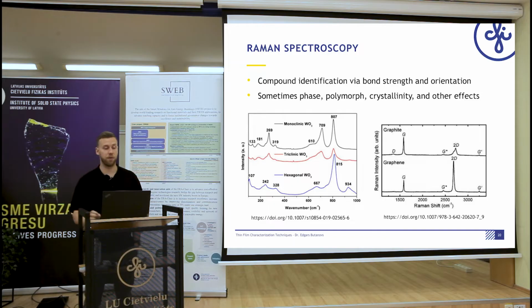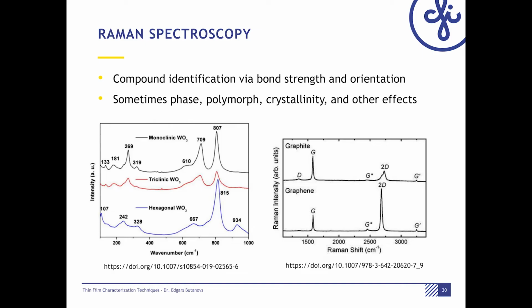So you can use this for compound identification, since it's unique for different compounds with different bond strengths or orientations. In some cases, you can also identify phase, different polymorphs, qualitatively characterize their crystallinity, as well as other effects.